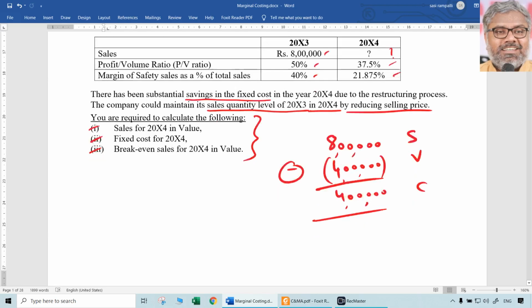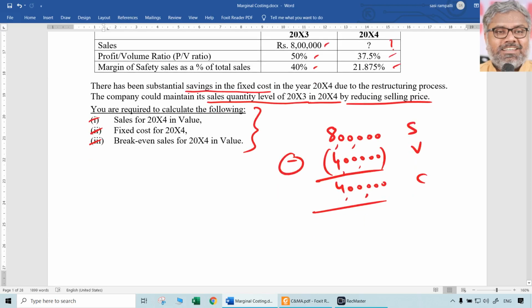Now, margin of safety sales as a percentage of total sales is given as 40%. That means break-even sales as a percentage of total sales will be 60%. So how much will be the existing year's break-even sales? Just for understanding purposes, 60% of 8 lakhs, that is 4 lakh 80,000.